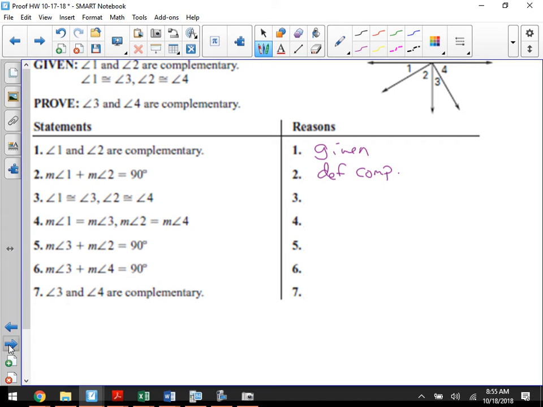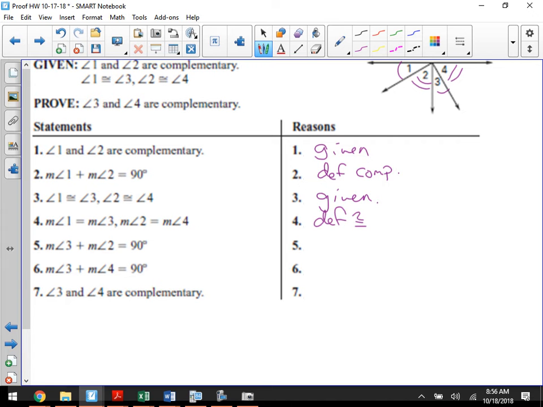Why are angles 1 and 3 congruent and 2 and 4 congruent? Those are given. So those are given. What changed between steps 3 and 4? Perfect. Definition of congruency. It just went from congruent to equal. Okay.